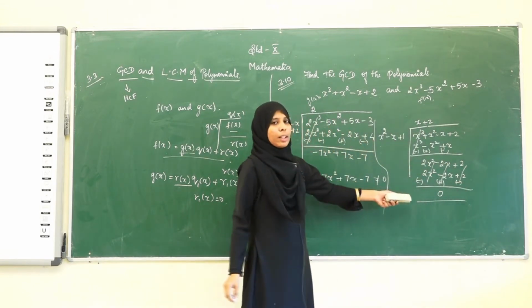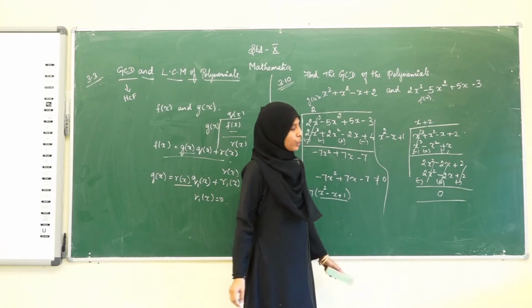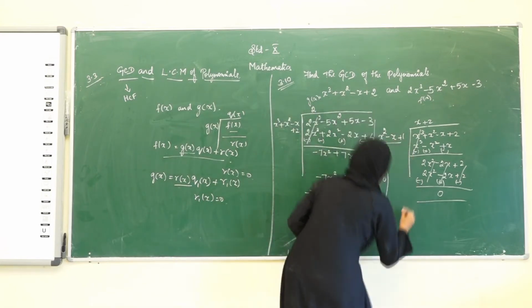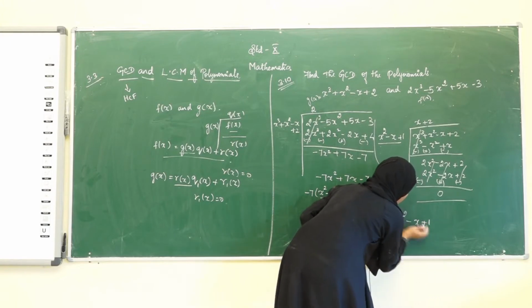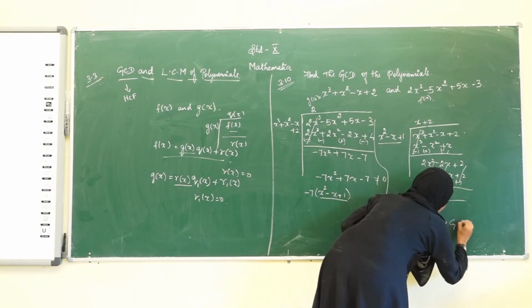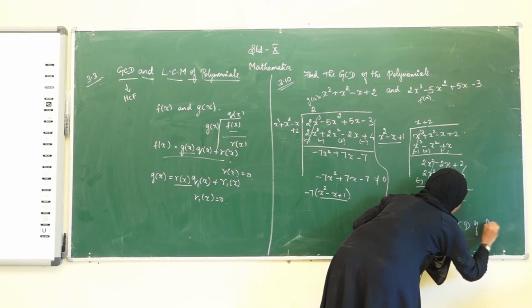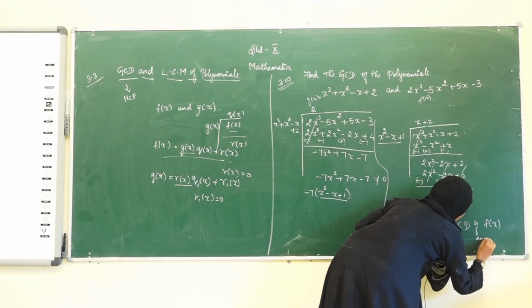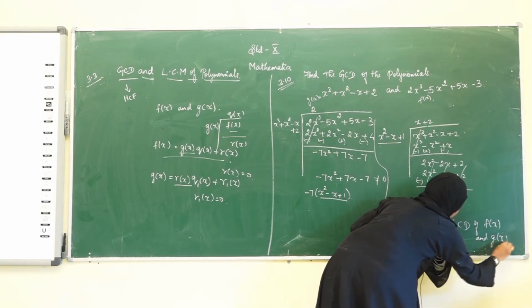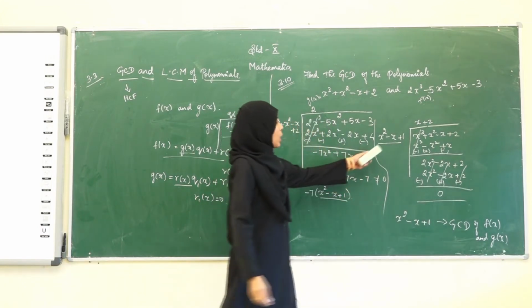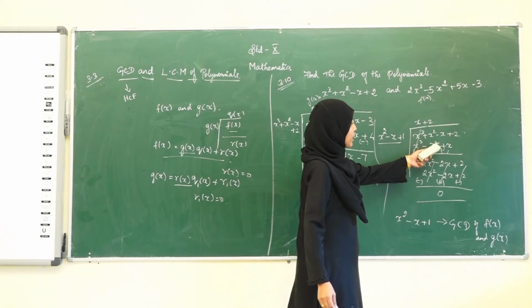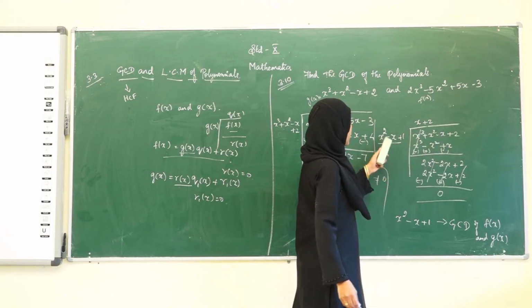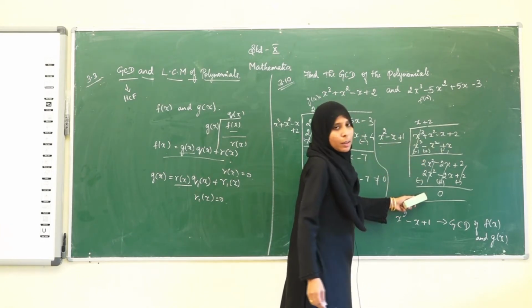See here, the remainder r1 of x is equal to 0, hence this term x square minus x plus 1 is the GCD of the two polynomials f of x and g of x. Because while dividing this polynomial x cube plus x square minus x plus 2 by x square minus x plus 1, we are getting the remainder 0.